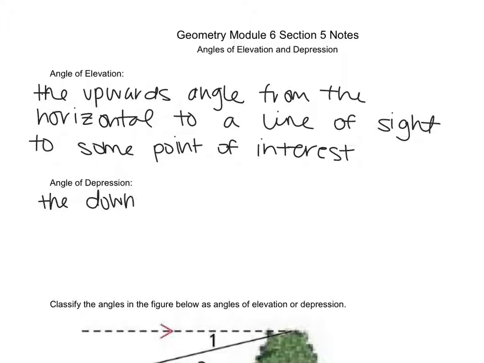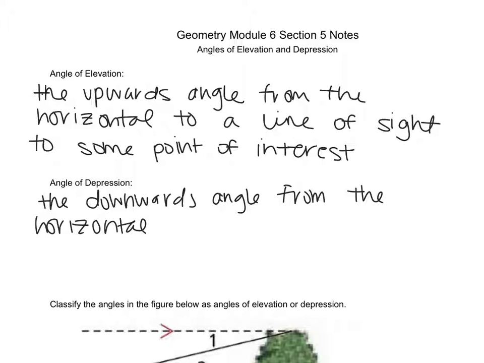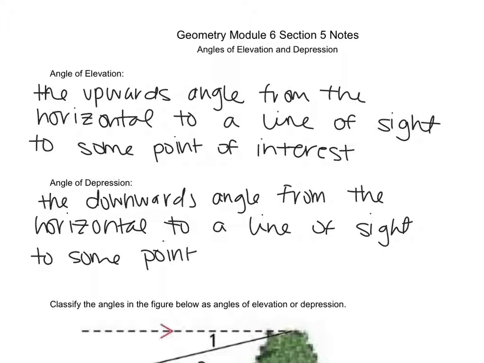So it's the downwards angle from the horizontal to a line of sight to some point of interest.